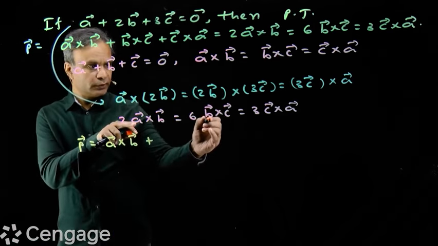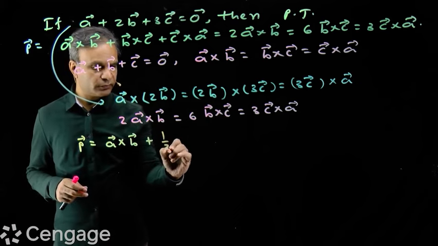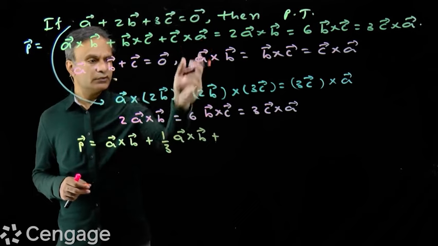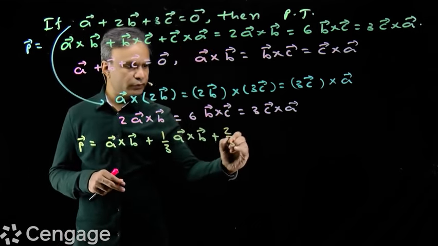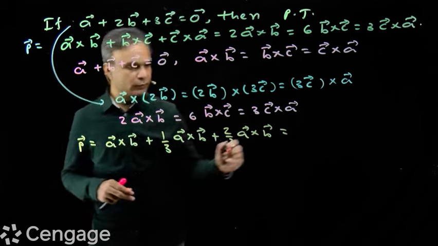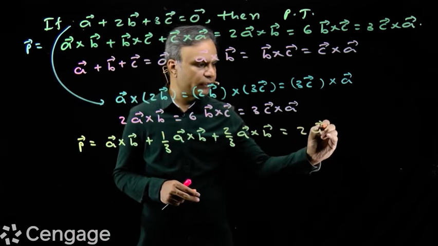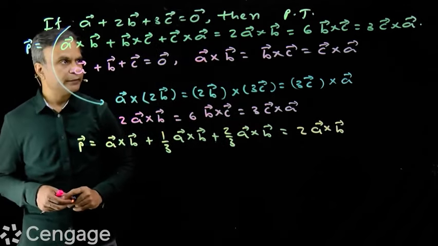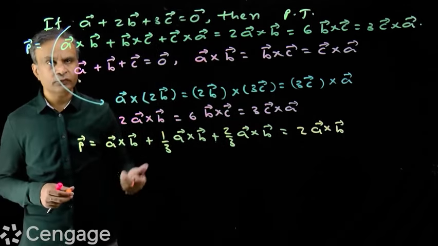Now look here, what will b cross c be? b cross c will be 1/3 into a cross b and c cross a will be 2/3 into a cross b. Okay, and this is 2 into a cross b. Alright. Okay, now we find a vector in the form of b cross c.